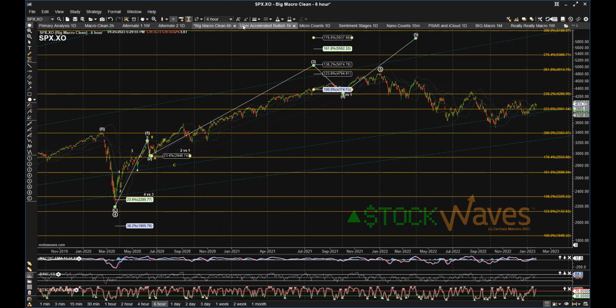That's what I started calling the Uber accelerated bullish count, where I started to consider that this was going to fill out. And again, we have a measure for a wave 1. We have a Fibonacci extension projected off of the wave 2.